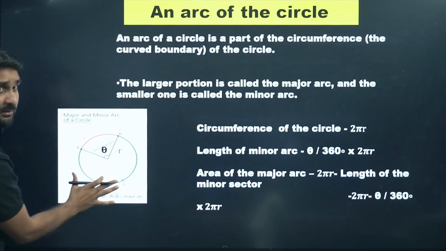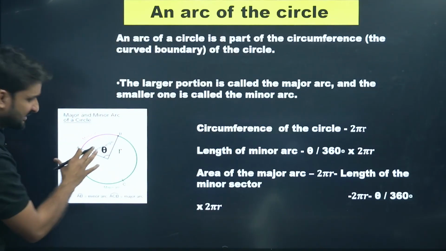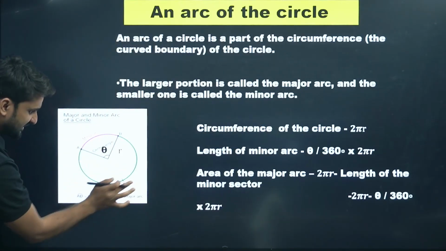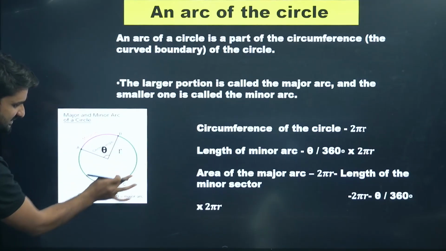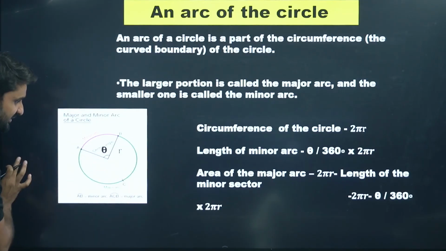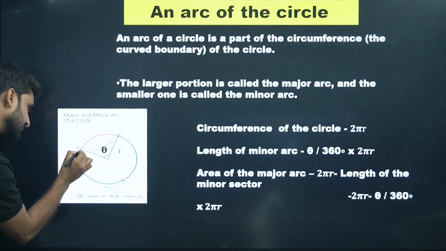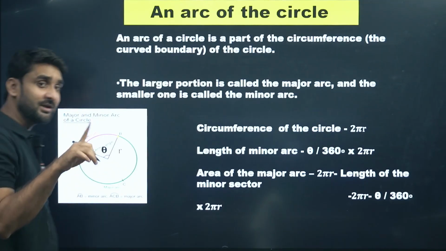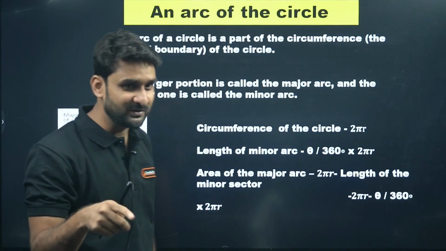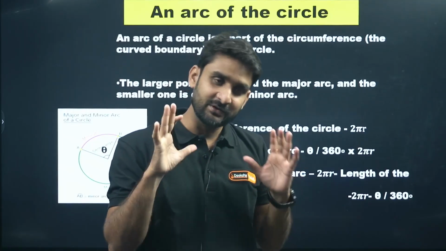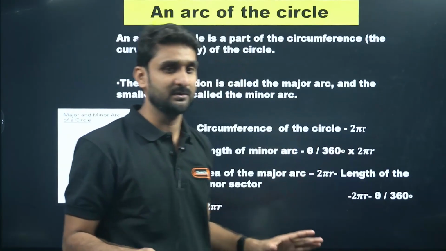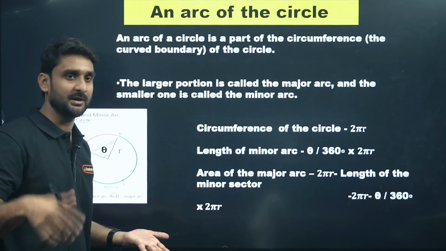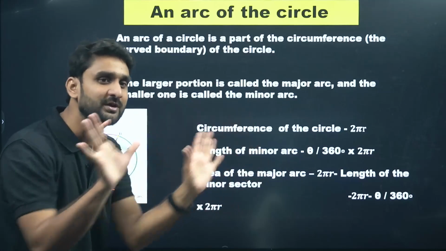So look at the diagram here. Hope this is visible to you all. So this is the circle, the green part is the circumference of the circle, and there are 2 points. One point is A and other point is B. I have already told you, if you are taking 2 points on the boundary of the circle, then it is confirmed that there will be an arc, because 2 points are enough to produce the arc, right?